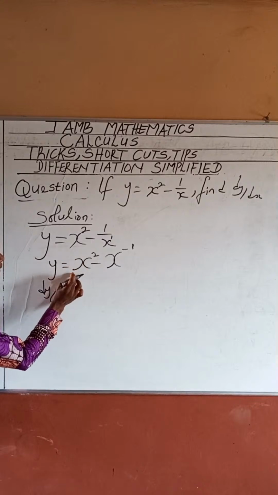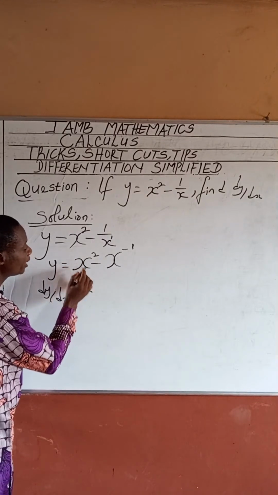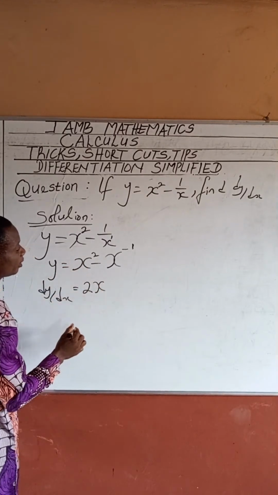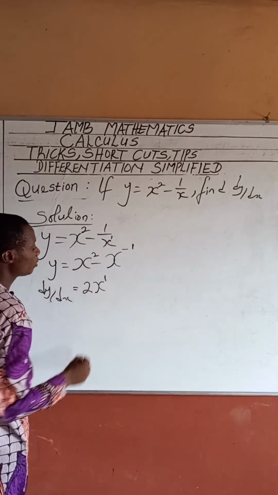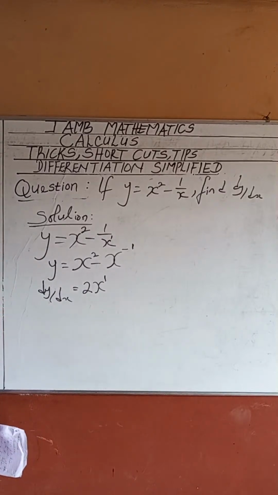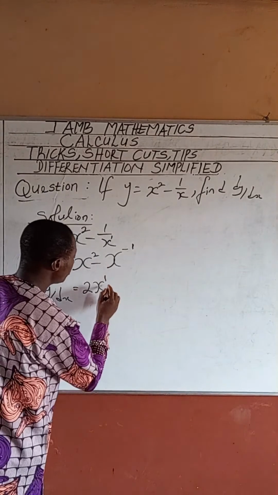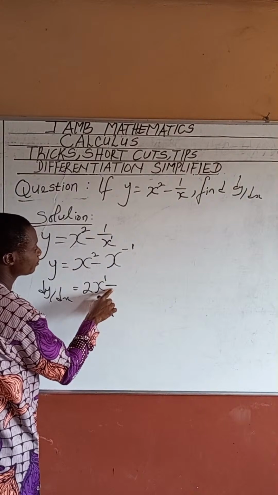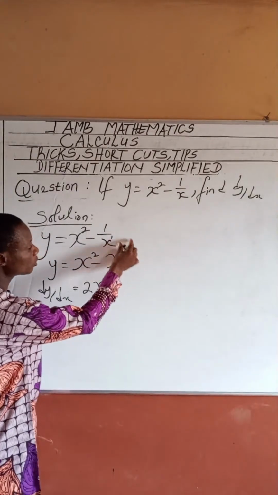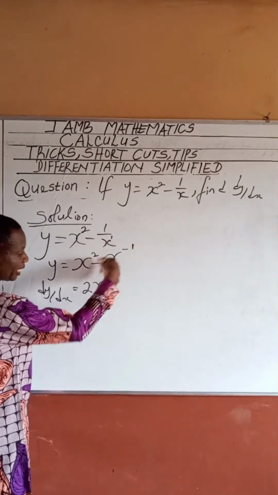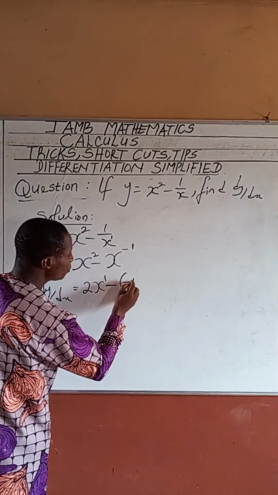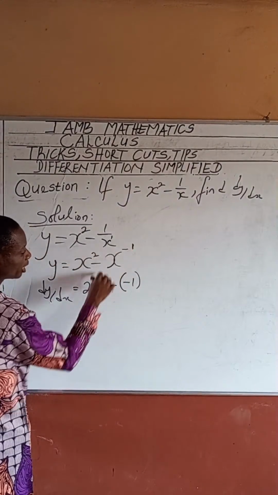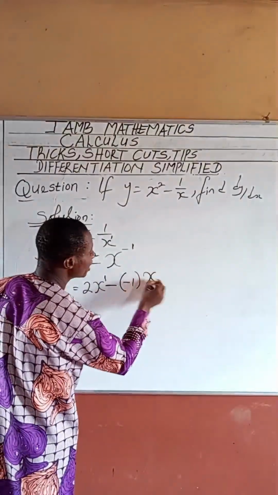Bring these two here, becomes 2, then this is x, then minus 1 from here. So we minus 1 from here. Then we bring in this bracket, then minus this minus 1, bring it down the way we brought 2 down here. That gives us minus 1. Then we have our x.